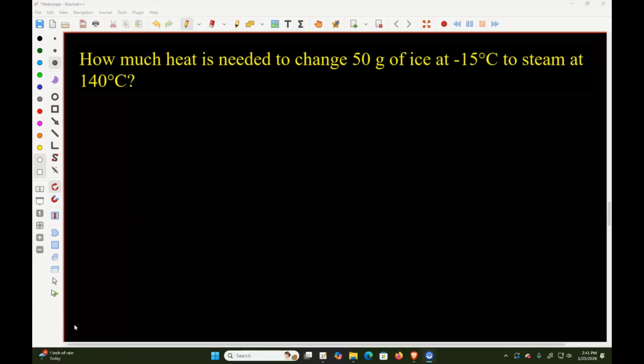So how much heat is needed to change 50 grams of ice at negative 15 degrees Celsius to steam at 140 degrees Celsius? So starting at negative 15, here's 0, and I want to end at 140 degrees up here.